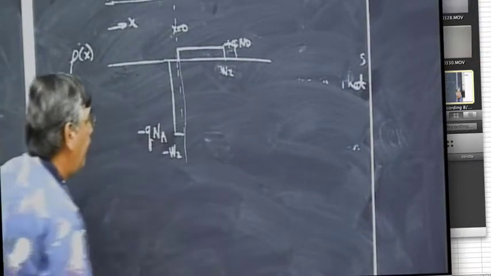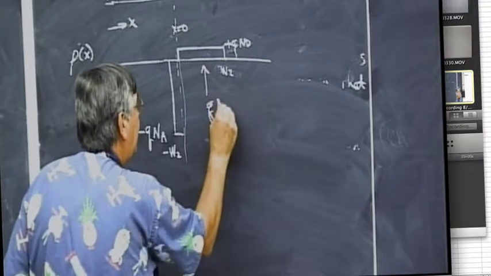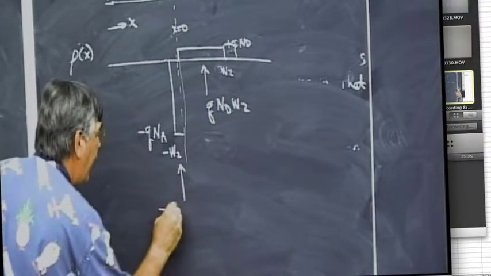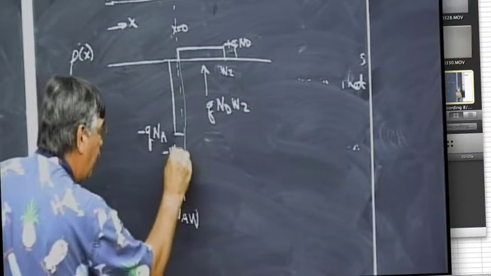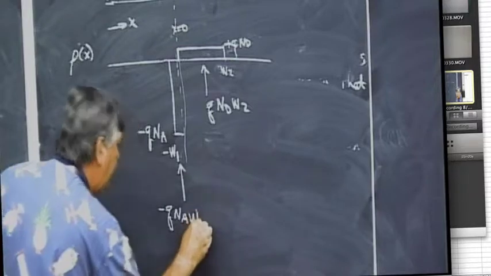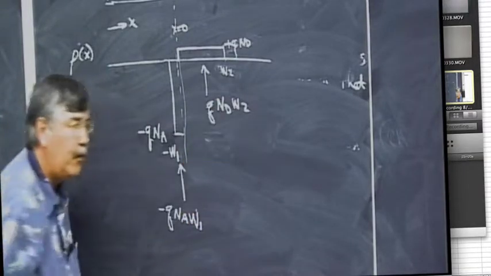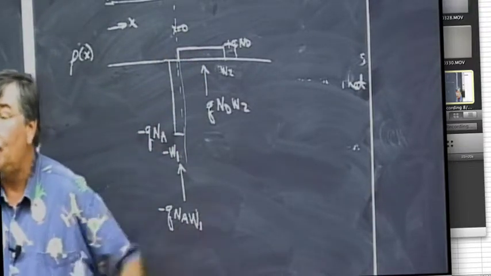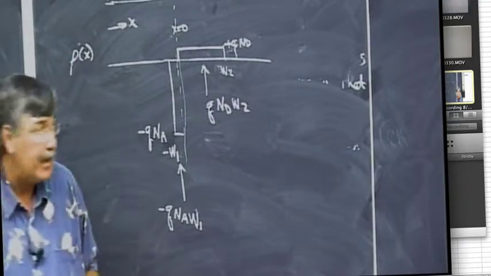The total charge over here is Q Nd times W2, and this charge is minus Q Na times W1. And the two charge magnitudes are equal. There's equal charge on either side of the p-n junction. It's a net neutral device. It doesn't just have charge lying around on it.